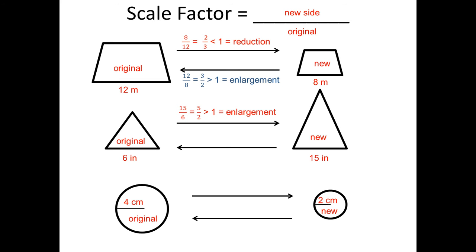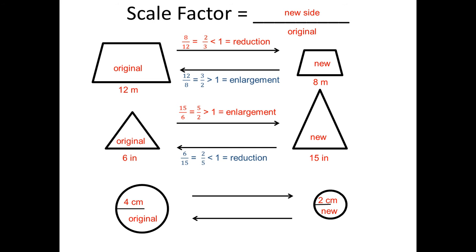Now if I went the other direction, from the enlargement to the smaller one, new to original, then I would get a reduction. Because the 6 would be my new and the 15 the original, and reducing, you have 2 over 5, which is less than 1, which is a reduction.